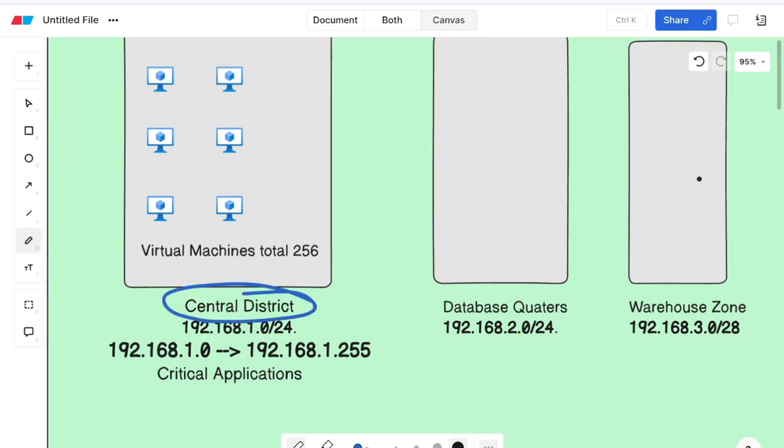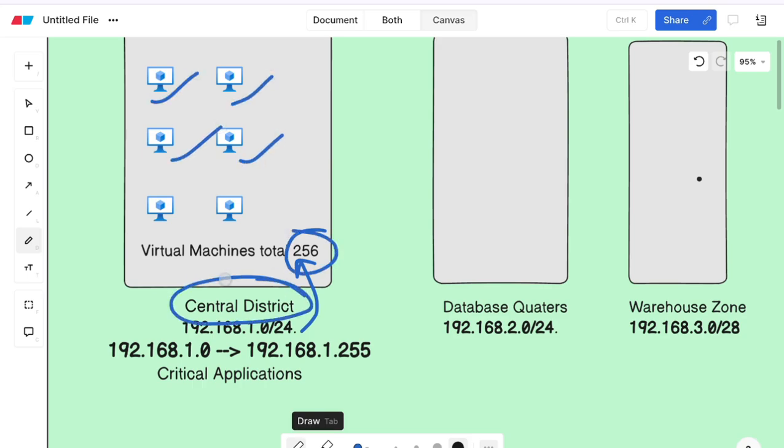Inside the virtual network, he first created a central district. In the central district, he gave the range of IP addresses 192.168.1.0/24, right? So in total 256 IP addresses we can accommodate inside the central district.